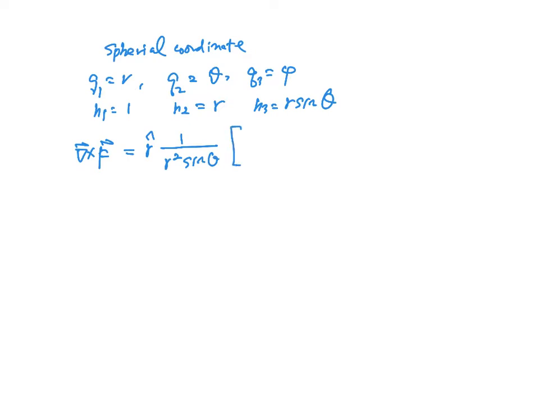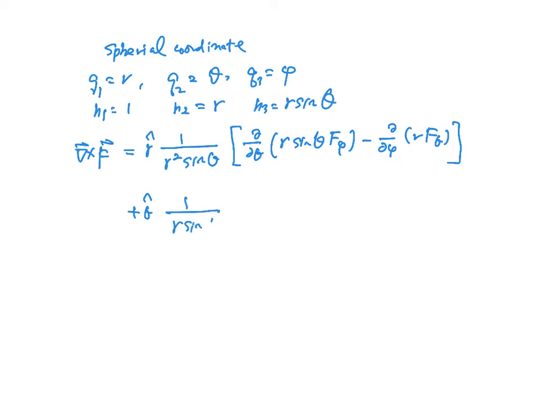And partial theta, partial R sine theta F phi minus F phi R F theta, plus theta 3, 1. So 1 over R sine theta, right?